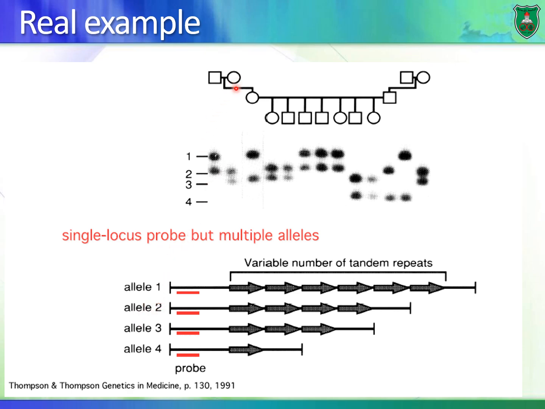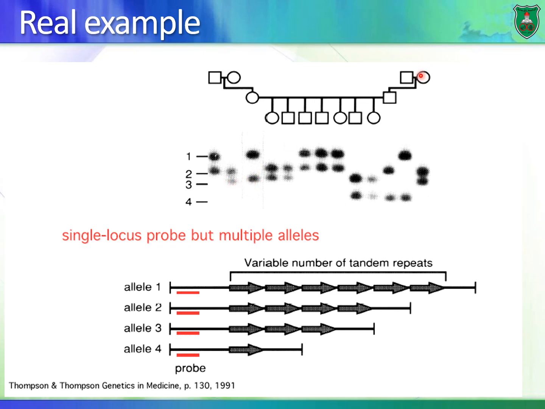Now, this grandmother has allele number 2 and allele number 3. So you would expect this daughter to have one of these 2 from her father and one of these 2 from her mother. And that's true. In fact, she has allele number 1 from her father and allele number 3 from her mother.